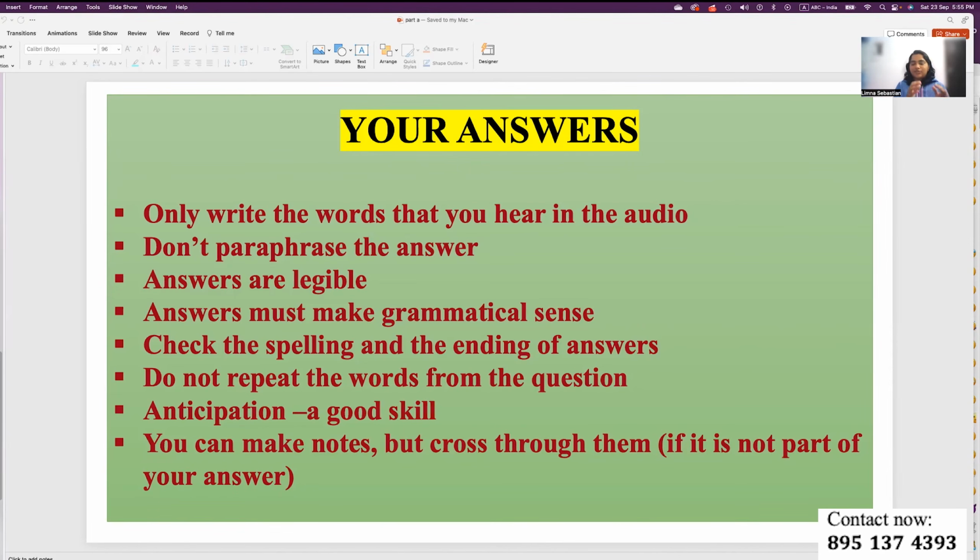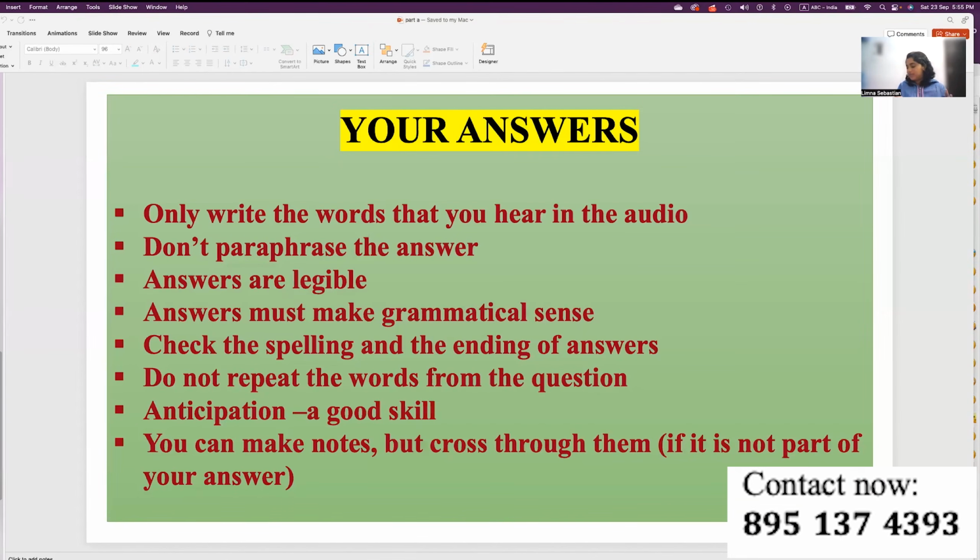At that time we should check it, because if we don't have the time to rub it out, just cross it. In the official OET site, they are always telling to just cross it, because otherwise they will consider it as an answer. So if you are making any notes that are not a part of your answer, just cross through them.